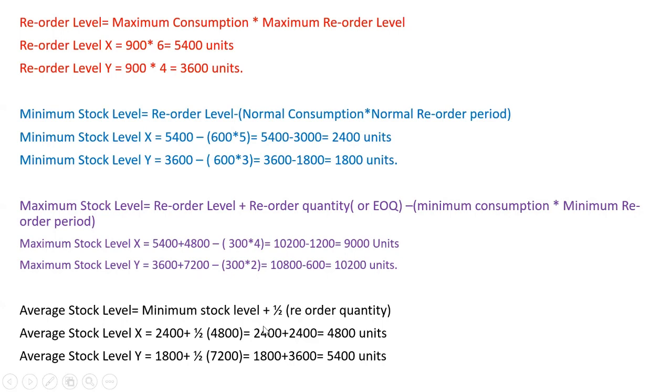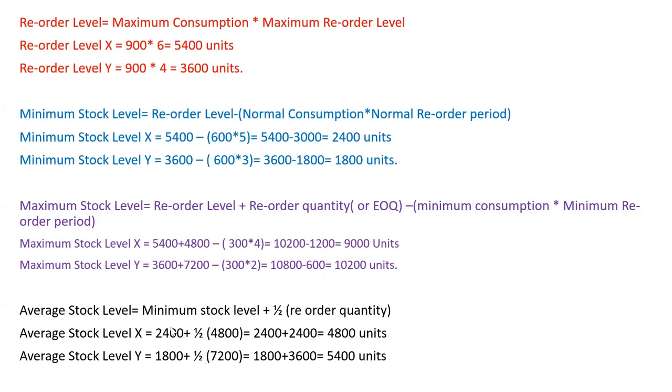Fine. So average stock level. For the average stock level, we will consider this formula. Here, minimum stock level plus half of reorder quantity. We know the minimum stock level, we have just calculated this, right? These two. And half of reorder quantity.